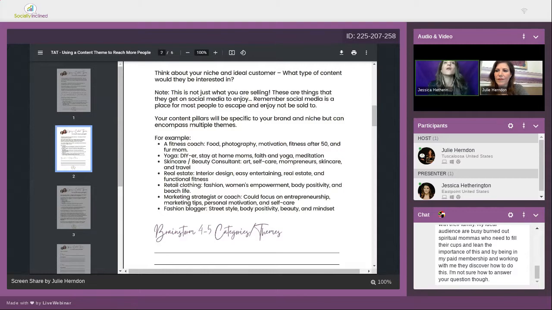But by putting content out there that has to do with your own personal functional fitness journey, you are showing that you're a real person. And of course, people who want to buy and sell a house, there are also people in that niche that want to stay fit. So it's really about creating this beautiful net that's going to go out there and grab people and pull them in and get them watching you and following you for more than just your real estate business.